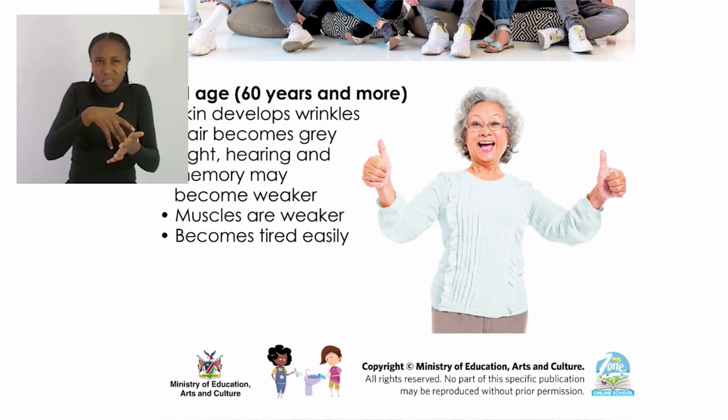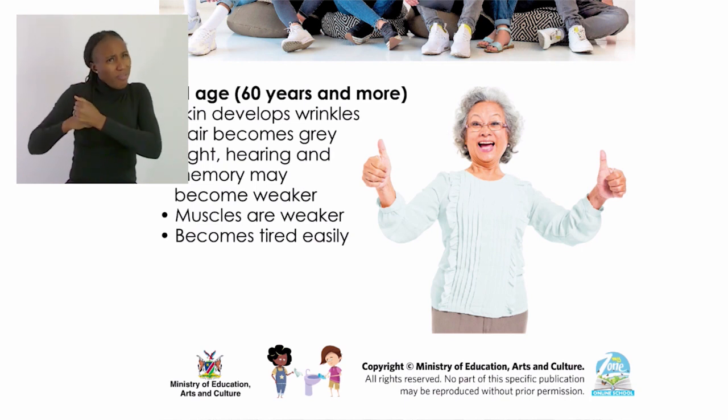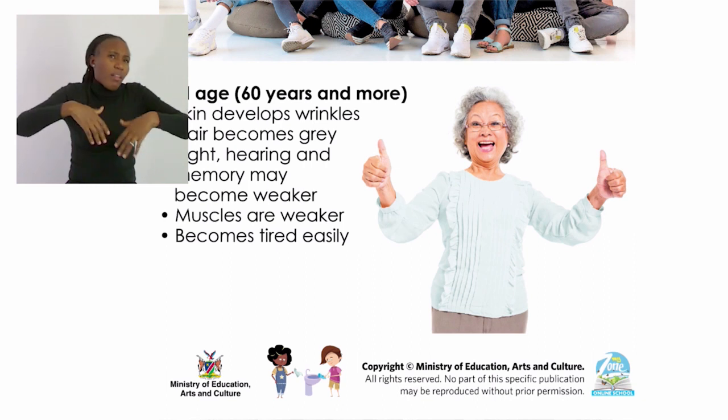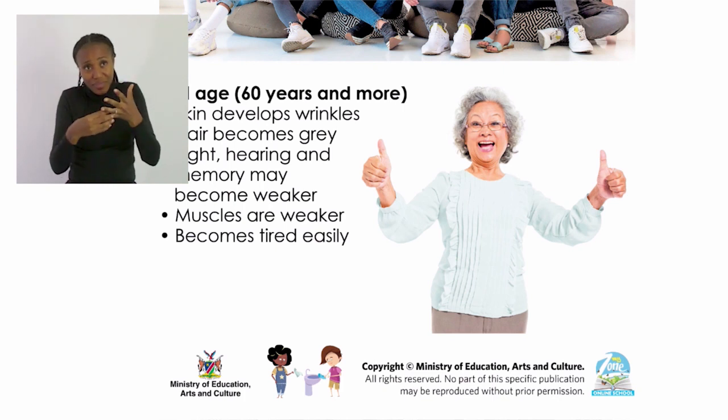Even if you feel them, you can feel that their muscles are actually a bit weaker compared to teenagers, adults, and the rest of the people. And they become tired so easily. When you walk a distance with your grandmother or grandfather, you realize that sometimes they pause the walk or tell you that let's rest a little bit because I'm tired. Those are the characteristics of the old age, which is 60 and above.